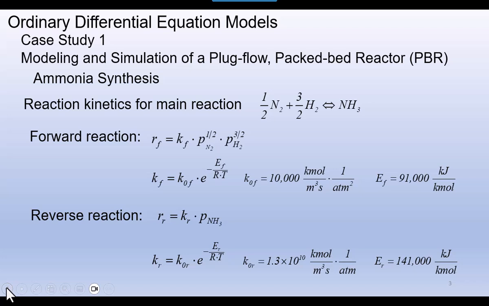So we have rate expressions for the forward and reverse reaction stated here in terms of partial pressures of the various components, and the reaction rate parameter is given by the Arrhenius expression in both cases, with a pre-exponential factor and an activation energy.